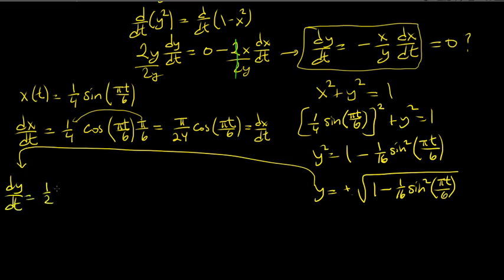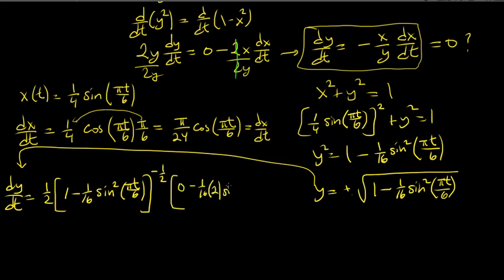So 1/2 times 1 minus 1 over 16 sine squared pi t over 6, all to the power negative 1/2. And then the derivative, by the chain rule, of what's inside is 0 minus 1 over 16 times 2 times the sine of pi t over 6. The 2 is the power rule here. And then another chain rule, so another pi over 6 here.